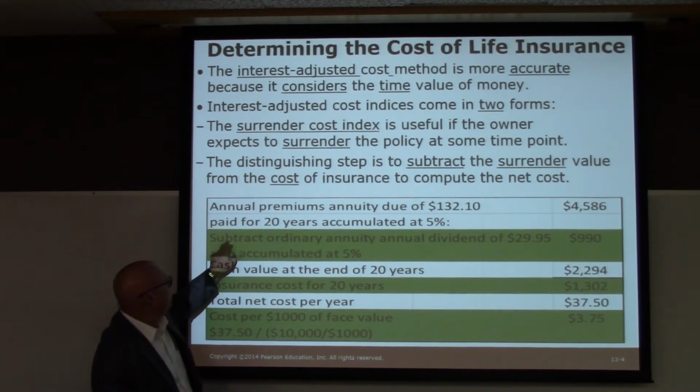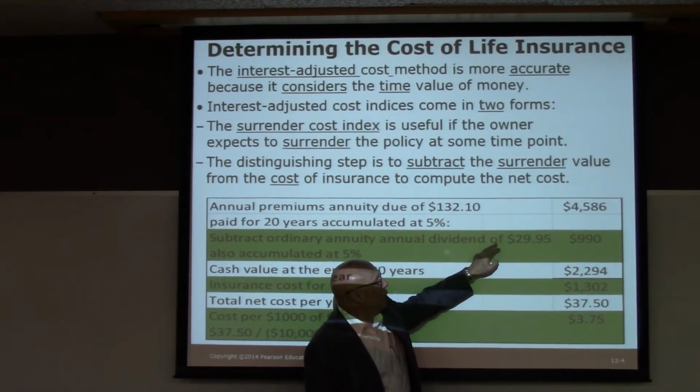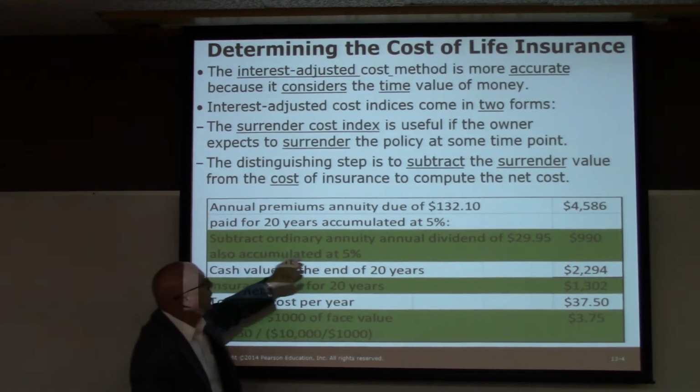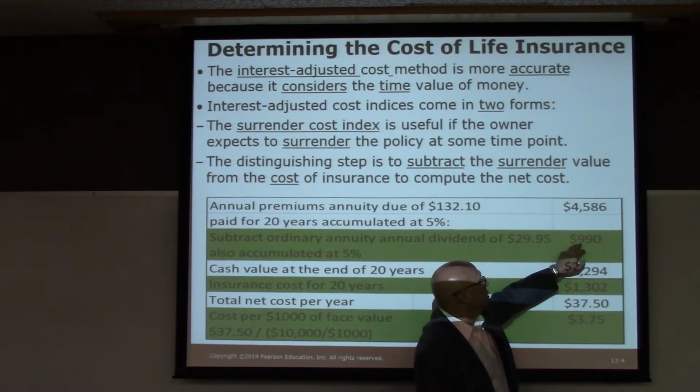Okay? So the dividends are paid. The first dividend is paid at the end of the year. So this is an ordinary annuity. Okay? $29.95, 20 of them, accumulated at 5% interest, is worth $990.